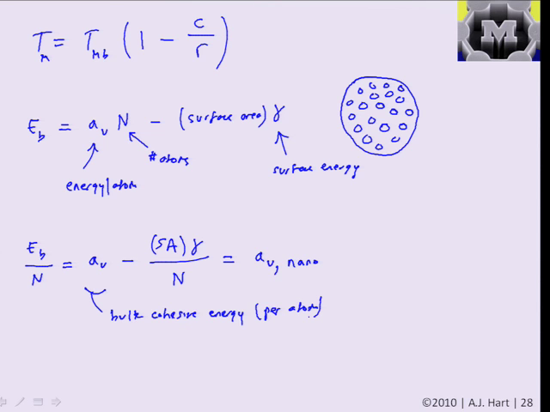And if we ran this out for a sphere, which I'll call NP, so a nanoparticle, we would get that this equals this bulk value minus 6 times the surface energy gamma times V sub A, which is just an atomic volume, divided by the diameter of the sphere.